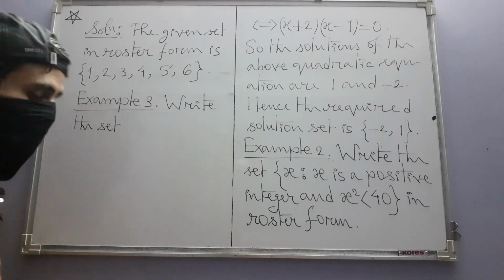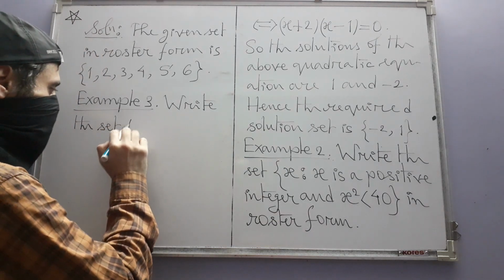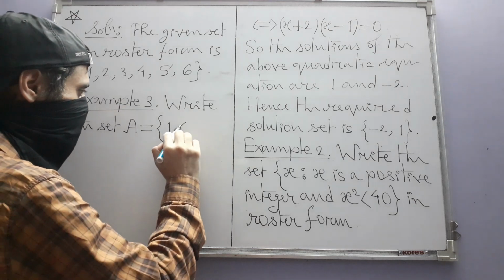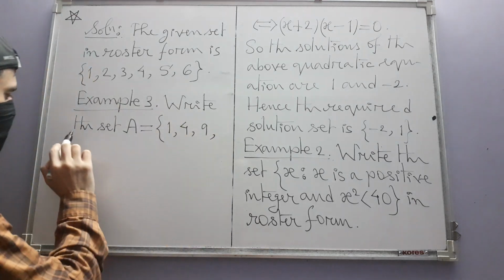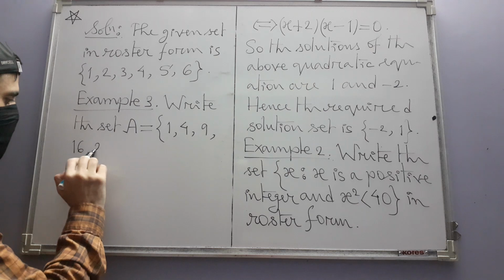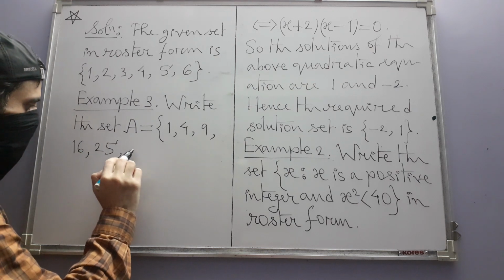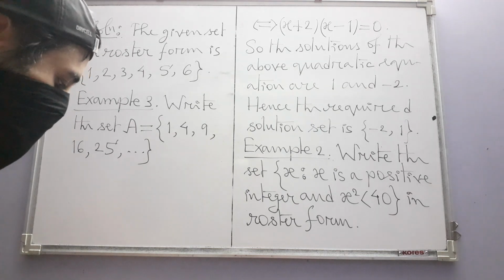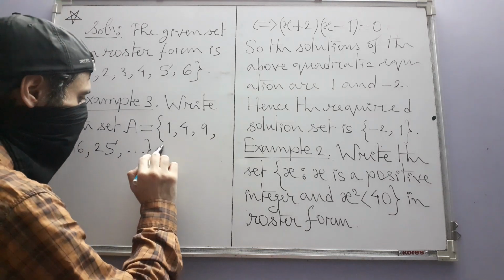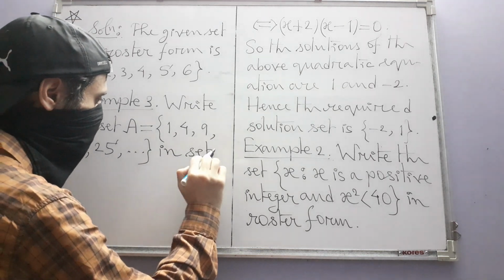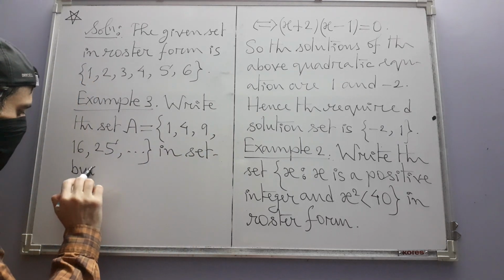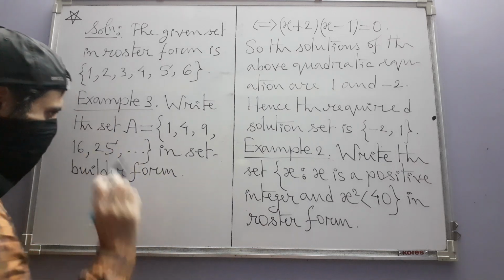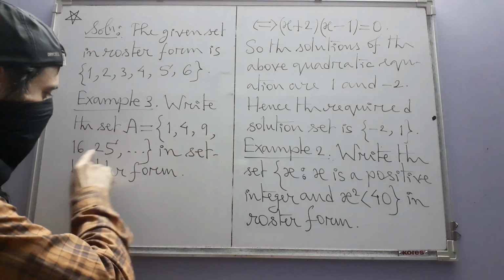It's been called A. So it goes on like this. In set builder form, so many elements have been shown.